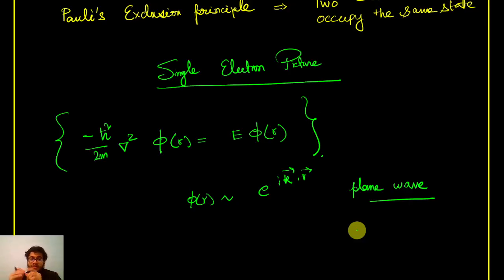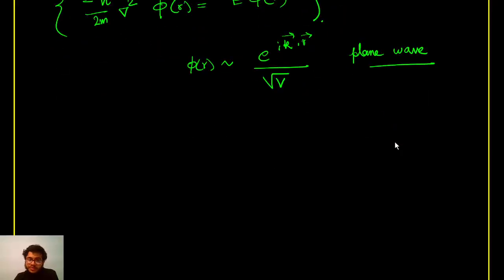There is no one place where you can find the electron, because the electron is free and equally probable to be everywhere. Sometimes when we confine it to a volume, there can be a normalization factor which comes into the picture. So that is the plane wave picture where the electron is completely free.